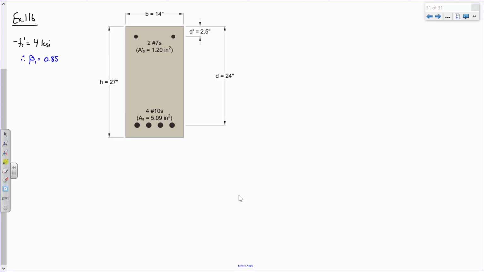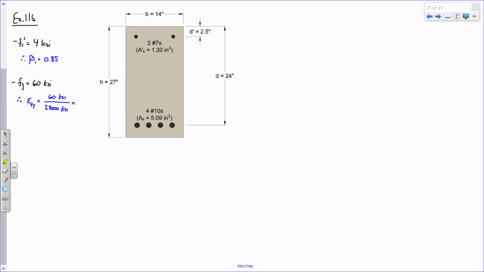Next thing we know that we're dealing with grade 60 steel. So we then know, because of that, that our strain at yielding is 60 ksi over what? 29,000.